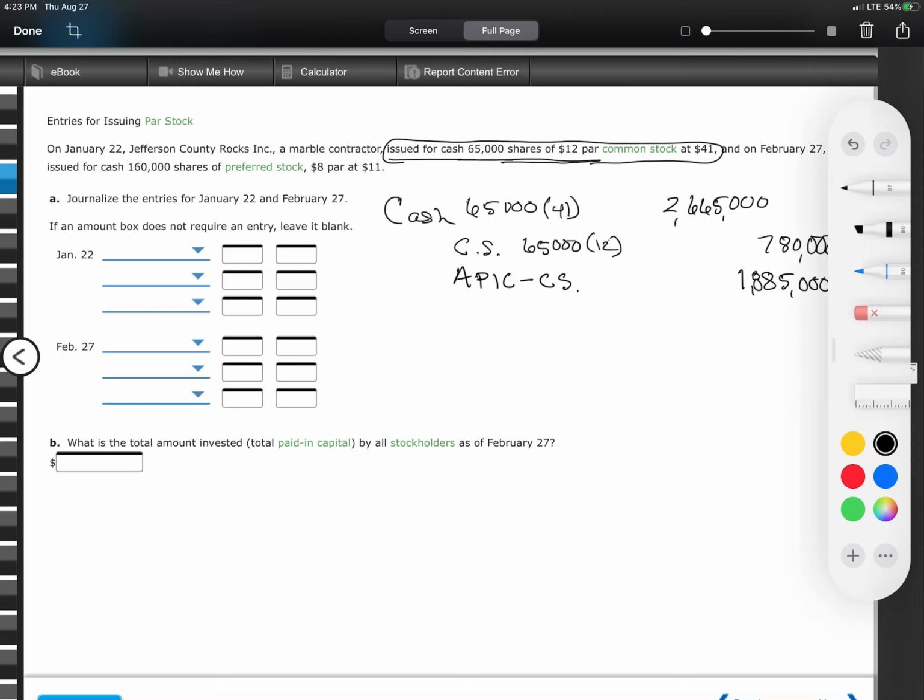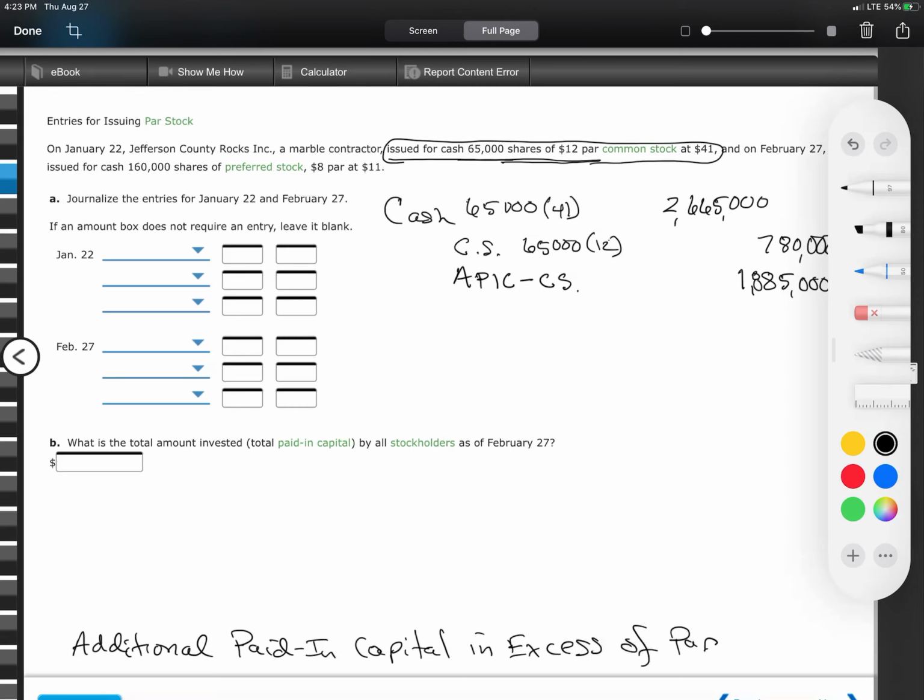It's a little quirky, and there's nothing very profoundly important about this APIC. It's kind of a dumb little thing. APIC stands for additional paid in capital. In this context, capital means cash.